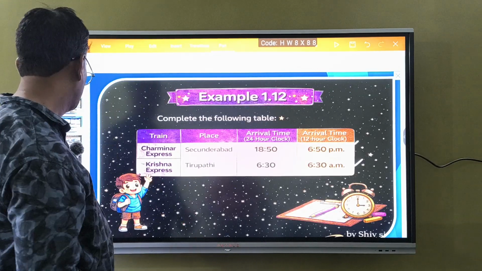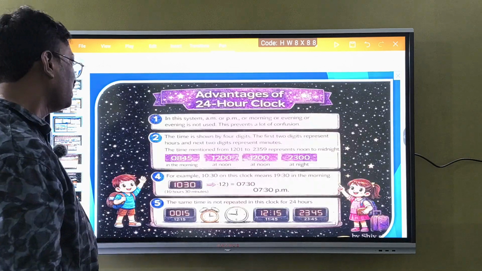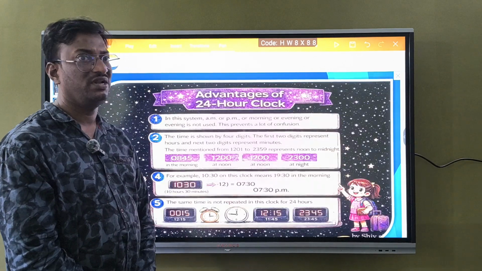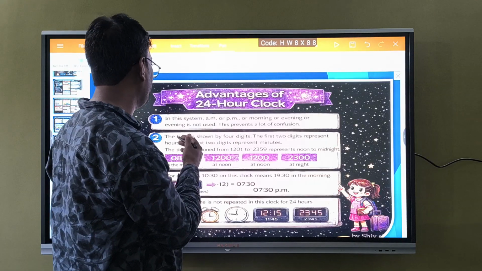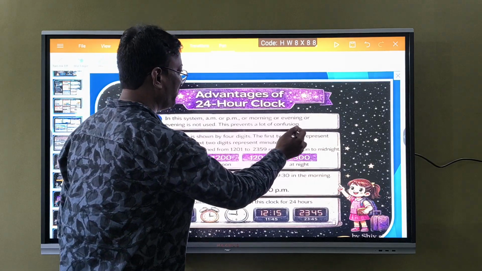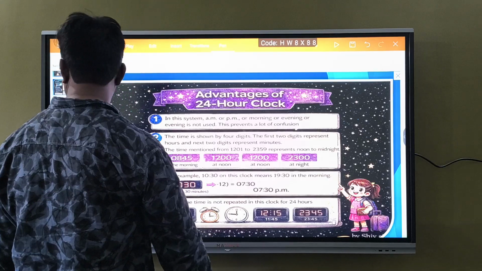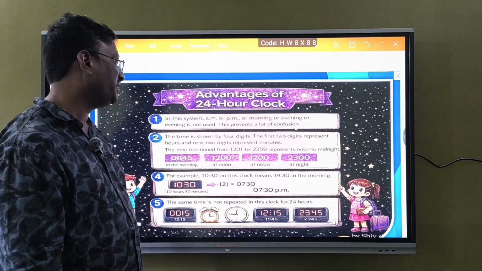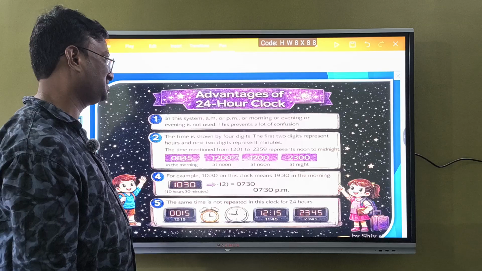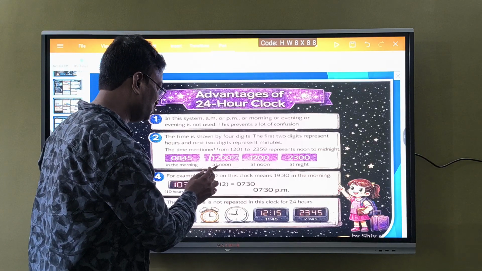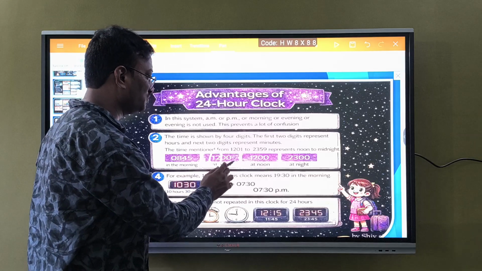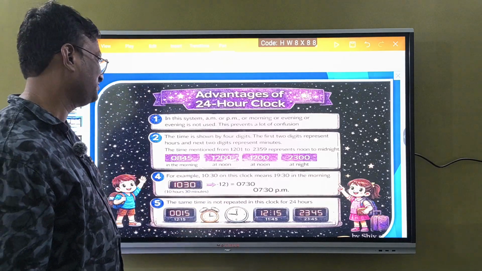into PM. Next, advantages of a 24-hour clock. In this system, AM or PM or morning or evening is not used. This prevents a lot of confusion. It is very good. The time is shown by 4 digits. The first 2 digits will give you hours and the second 2 digits will give you minutes.